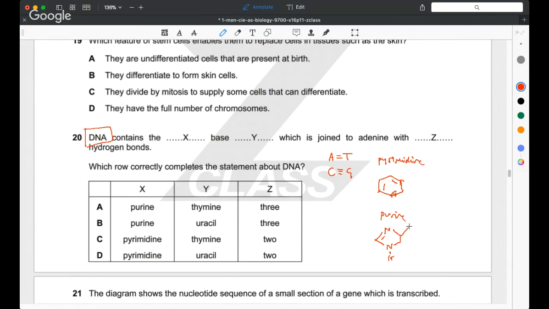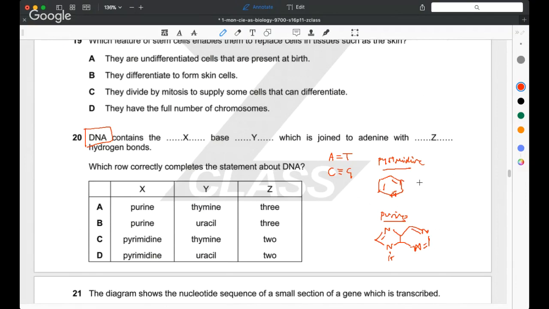And a 6-membered ring. Yeah, sorry about my drawing. Okay, all right. So you've got the 2 basic ring systems. Pyrimidine is the smaller one. Purine is the larger one. You've got 2 rings together there.